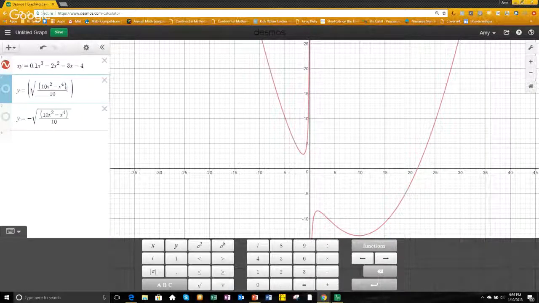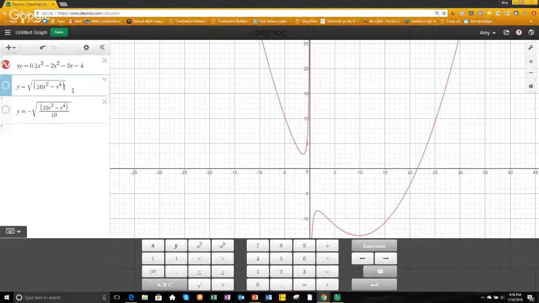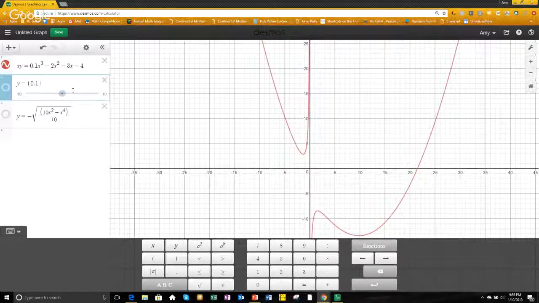So let's do the parentheses. I want to get rid of the square root. We'll start all the way over here and get rid of the whole thing. Sorry, I'm a slow typer, but okay, parentheses, 0.1. Well, actually, I can copy and paste this from the top here.